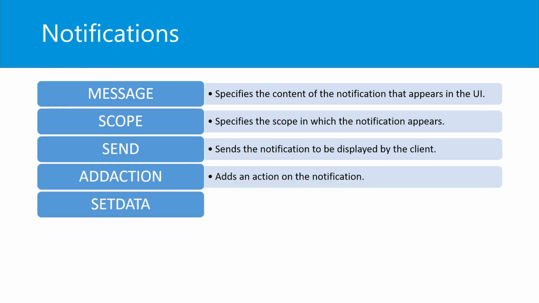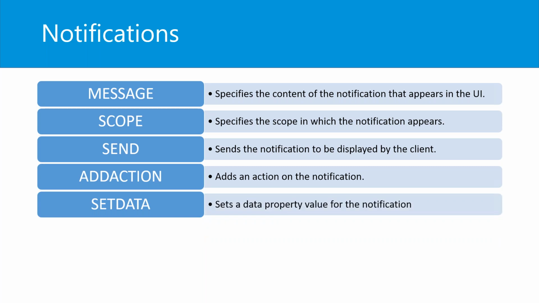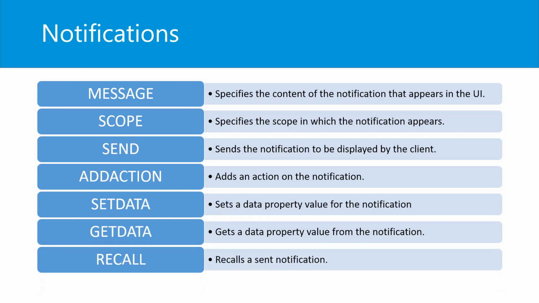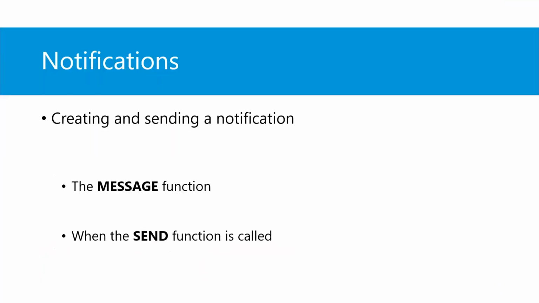And then the interesting ones are set data, to add some attributes or extra information, key value pairs, to our notification, and get data, to retrieve that information from the notification. I really like these two, and not because I like RDLC reports, because this is done much better. And of course, there is also a recall function to recall a notification.